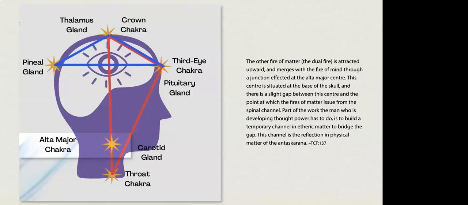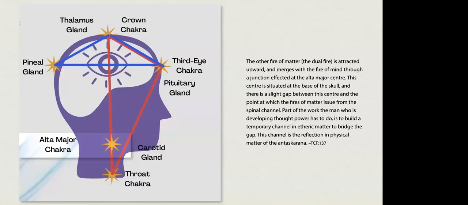Yes. The other fire, or matter, the dual fire, is attracted upward and merges with a fire mind through a junction affected at the alto major center. This center is situated at the base of the skull, and there is a slight gap between the center and the point at which the fires of matter issue from the spinal channel.